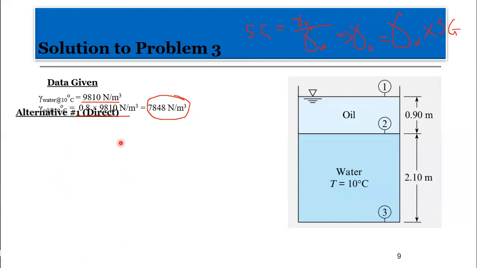Now, I'm using a direct approach. Don't worry. So we are talking about the pressure at the bottom, which is P3.